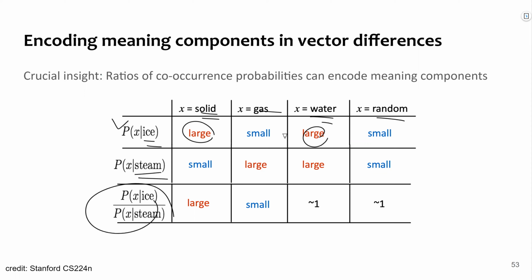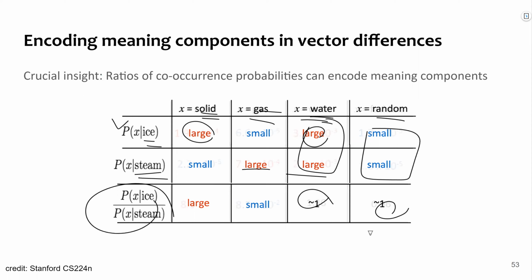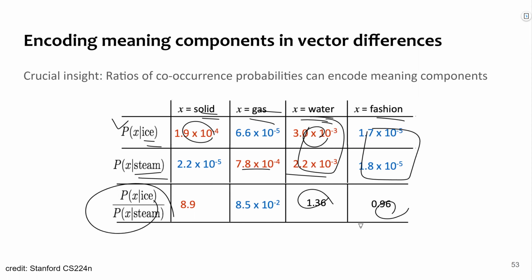And for steam, water is low, gas is high. So small, small, large, large gives some information like this. And when we actually put in real numbers, it goes like this. And we sometimes want to encode this information in our word vectors. How can we do that?